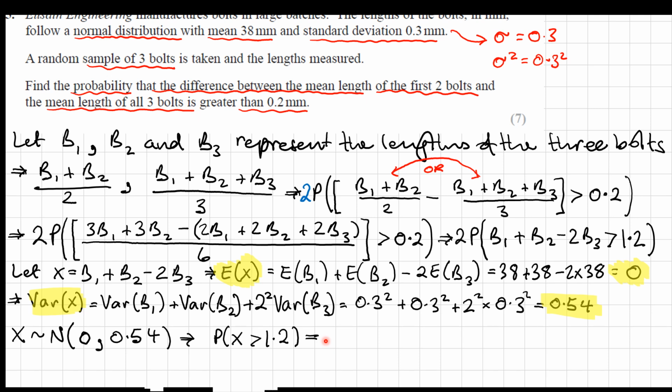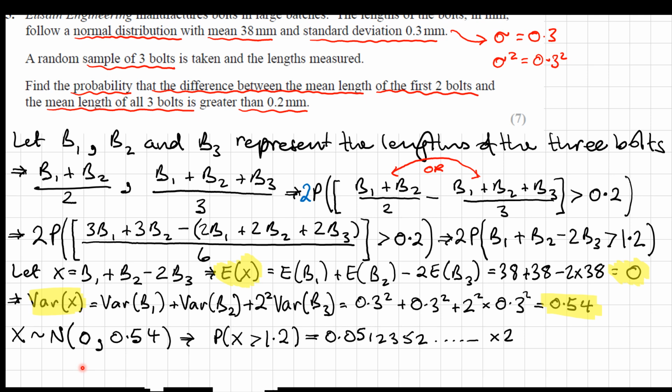Right, so using normal CD, we get 0.05123552. We want to times that by 2, remember, because we already decided that there are 2 ways in which we can have these differences between these mean lengths. So let's go to menu and just take our answer and times it by 2.